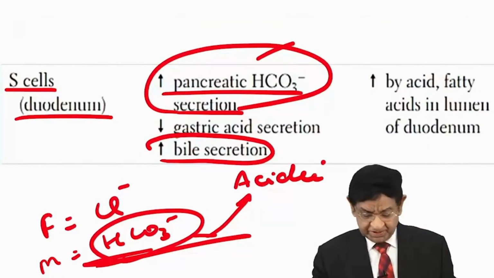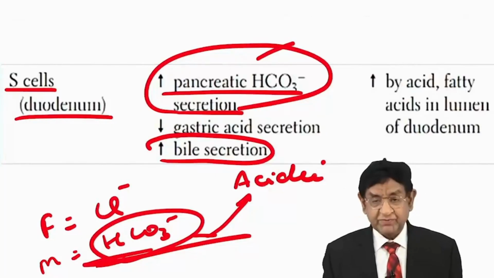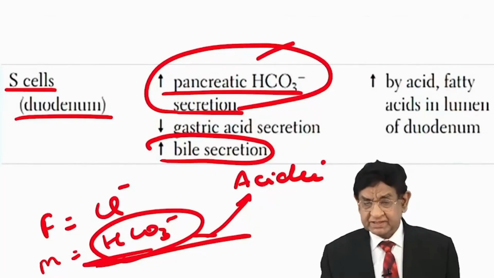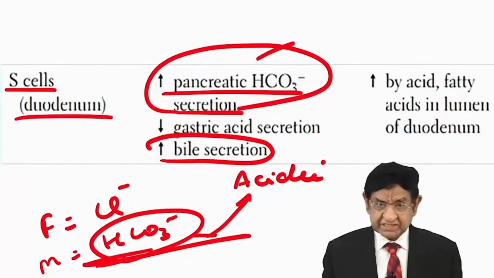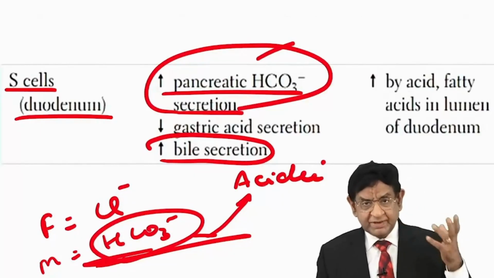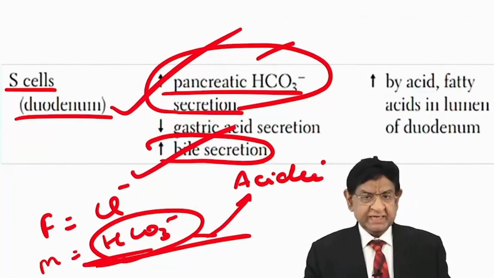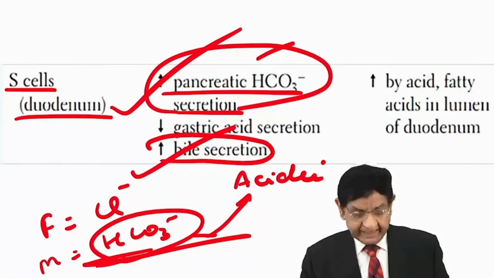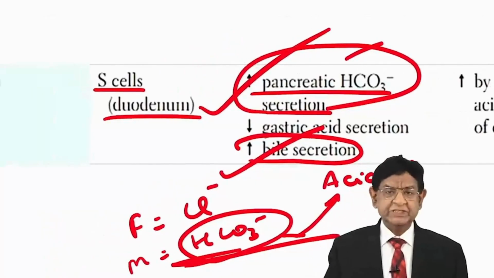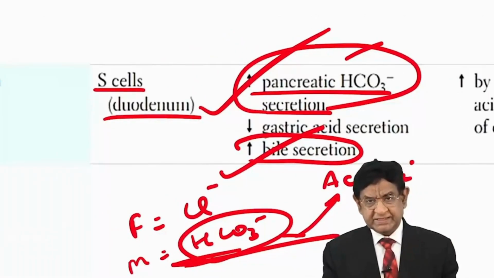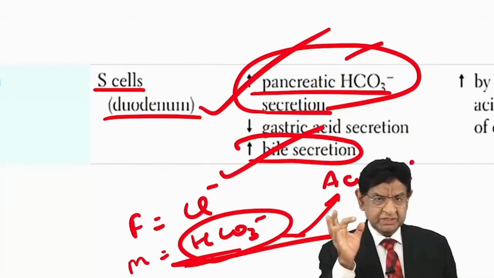Golden line to remember is this. Of course, all the enzymes also work in alkaline pH. That's the additional finding. So relevant to my talk, increased bicarbonate and increased bile acid secretion occur by secretin. In a nutshell, let me summarize the three hormones.